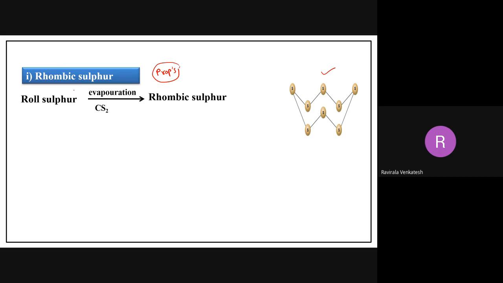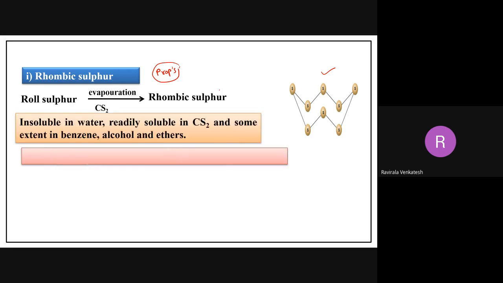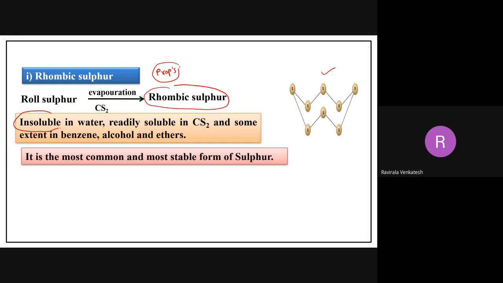You take sulfur, roll sulfur, and evaporate that one, beta, isn't it? In a solvent called what? CS2 solvent. And whatever you are going to get, that is called what? Rhombic sulfur. Okay, in this you have one important point, beta: this rhombic sulfur is generally non-polar, does not dissolve in water, is insoluble in water, but readily soluble in CS2 because CS2 is non-polar.